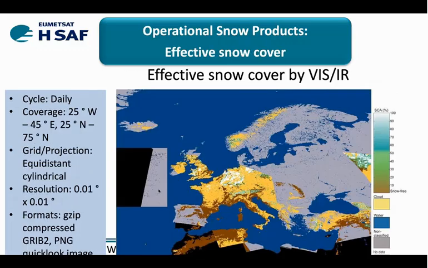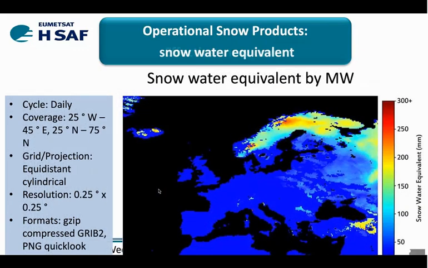Another product is the effective snow cover, which gives the percentage of snow inside each pixel, also classifying the snow, the cloud, the water, and non-classified parts. The last one is the snow water equivalent, and this product is deduced from microwave data. It is a product requested by hydrology, of course, because this is one of the parameters used inside the hydrological model.